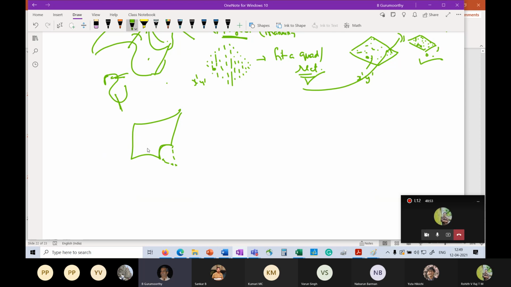Can I represent that? Can this expression that we have seen, S of uv, represent this surface?